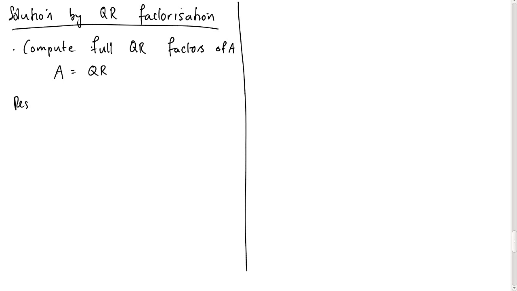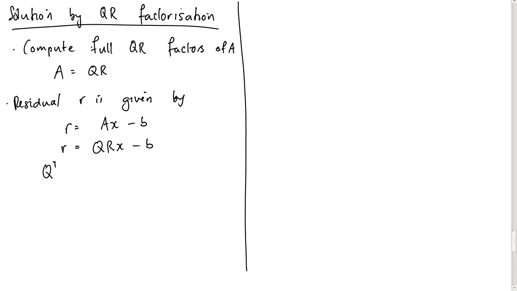Then the residual r is given by Ax minus b, like before, just substituting in QRx minus b. And then what I'm going to do is multiply both sides by Q transpose, which means I'll get Q transpose r equals Rx minus Q transpose b.